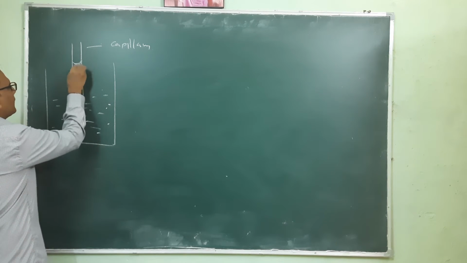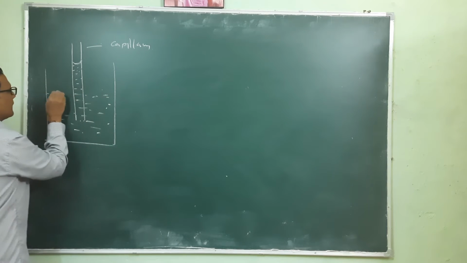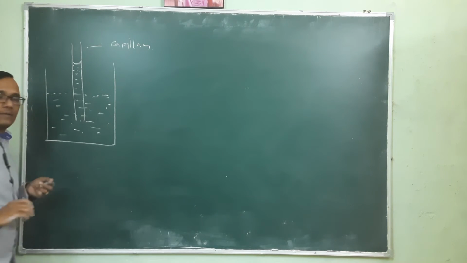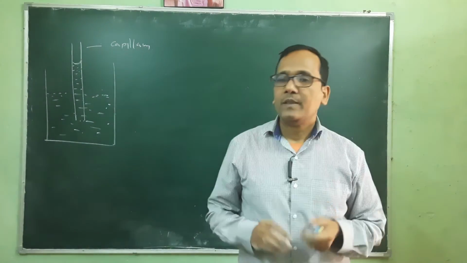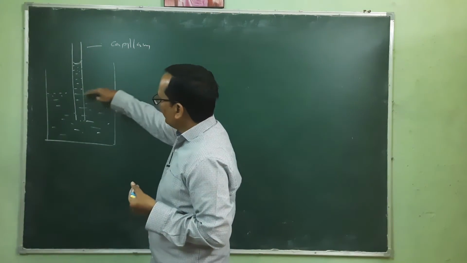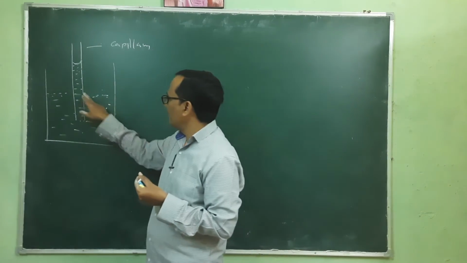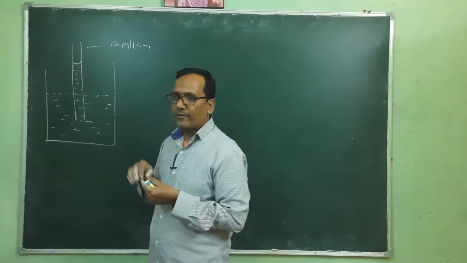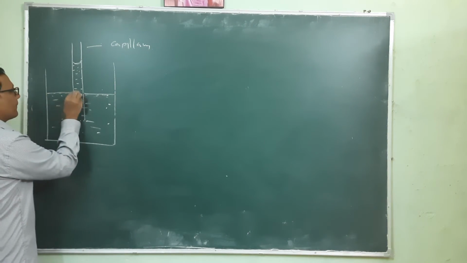This is the capillary rise, and the shape of the meniscus is concave. This surface area is much larger, so we can neglect the concave part here. We can consider it almost planar.